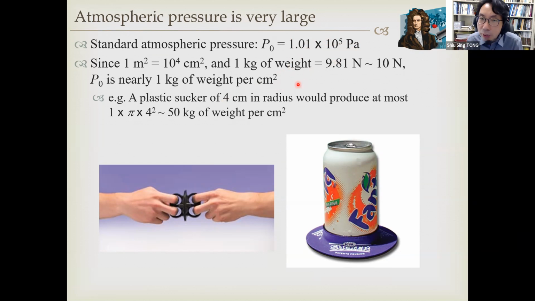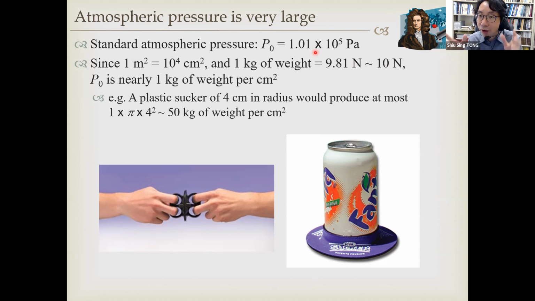Okay. Now imagine 1 meter square is actually 10 to the power 4 cm square, right? And 1 kilogram of weight is, by Newton's second law, 9.81 Newton, about 10 Newton, right? So imagine a meter square of area. You have 10 to the power 5 Newton acting on it due to the atmospheric pressure.